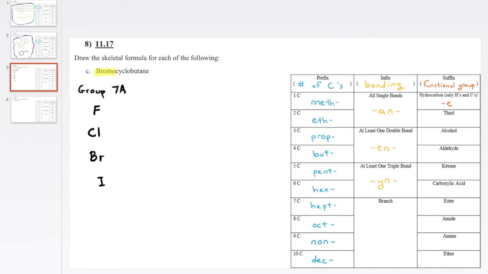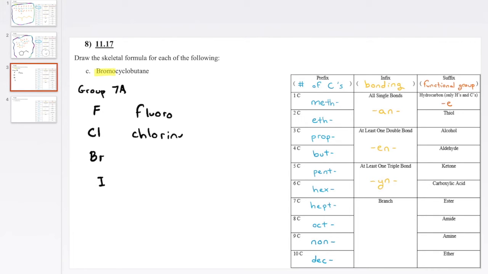And when you make these elements branches, you replace the INE at the end with an O. So for example, F is fluorine. But when it's a branch off of a hydrocarbon, you take that INE off and you replace it with an O, and it would be called fluoro.